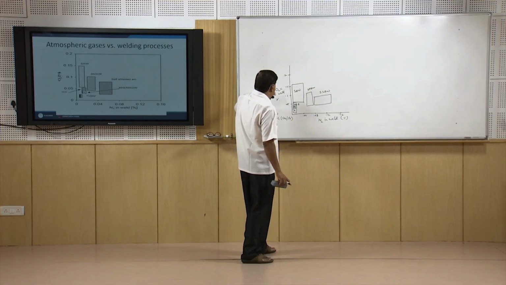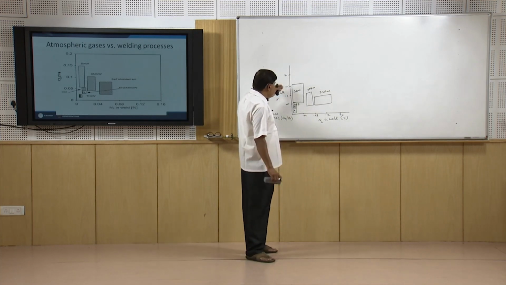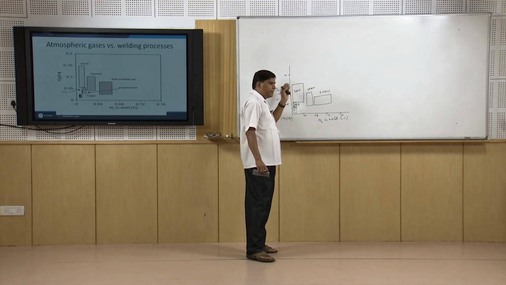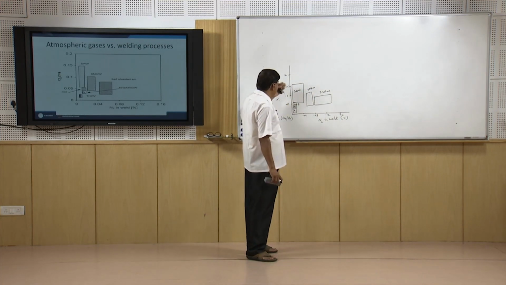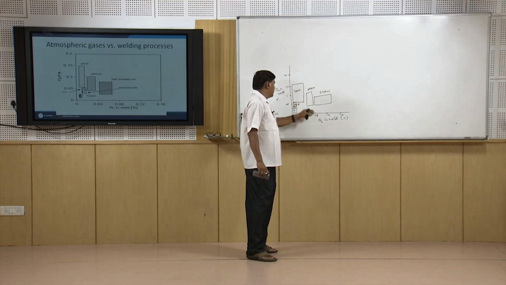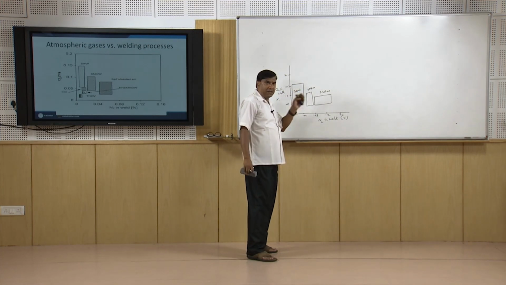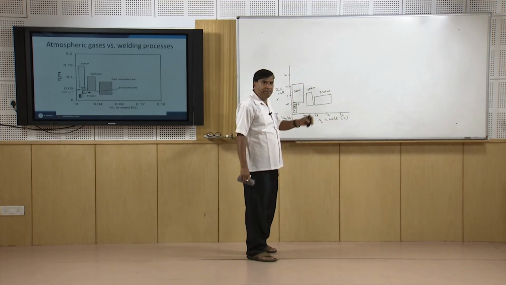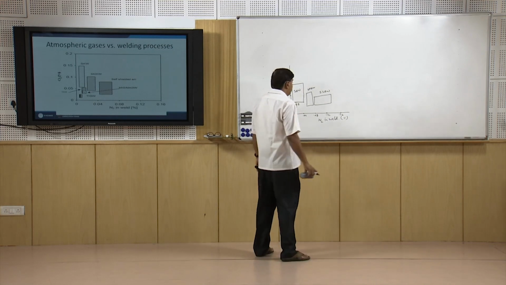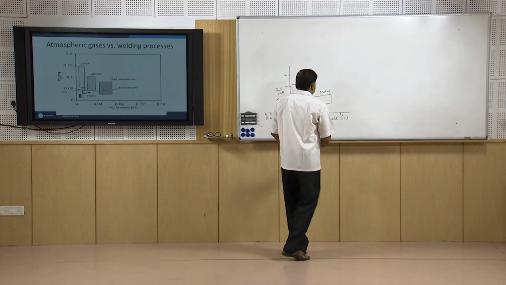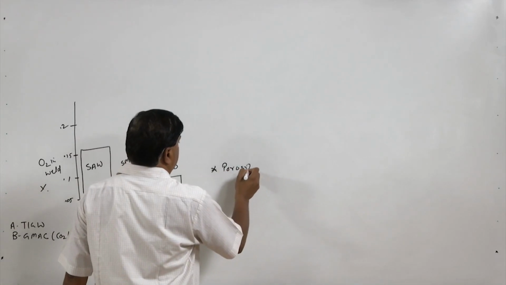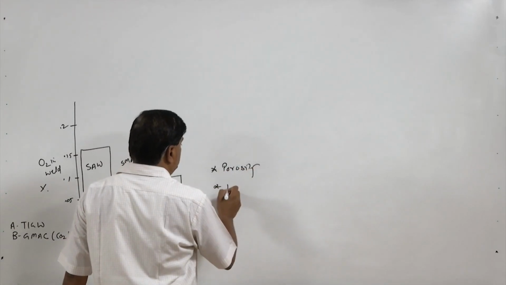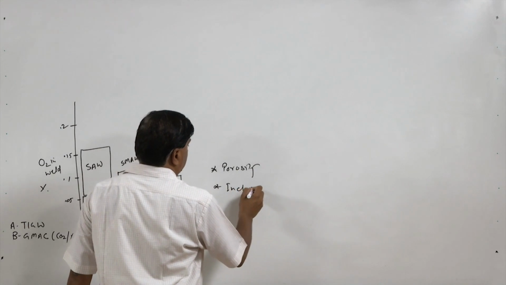So, since the protection approach used in the different welding processes is different, the nitrogen and oxygen content in the weld metal is also found to be different, and accordingly we can expect the percentage of porosity or inclusions in the weld.